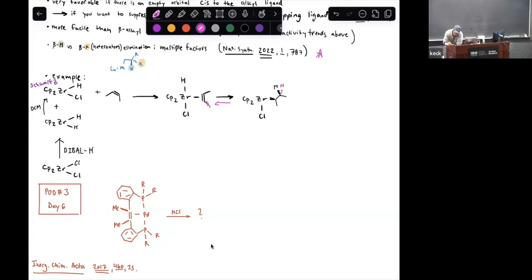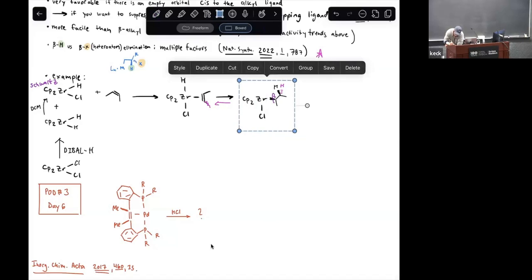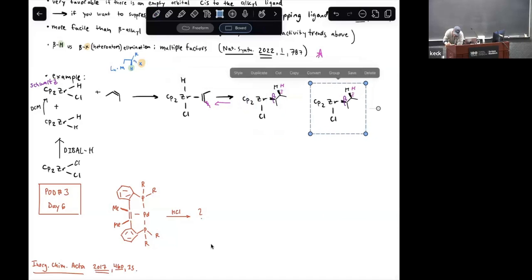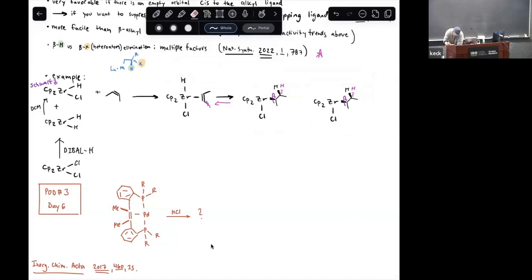Aha, okay. We're going to have here a first step, which is implicit and sometimes not drawn: a bond rotation. We'll draw that out just so it's clear why this is not just the microscopic reverse of what we just had. So we have a bond rotation.